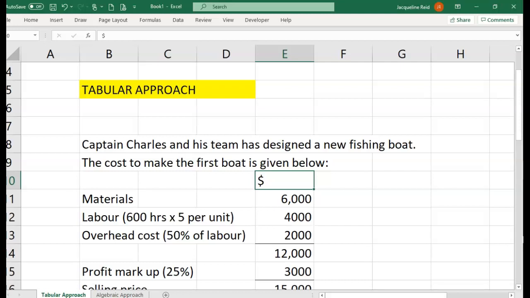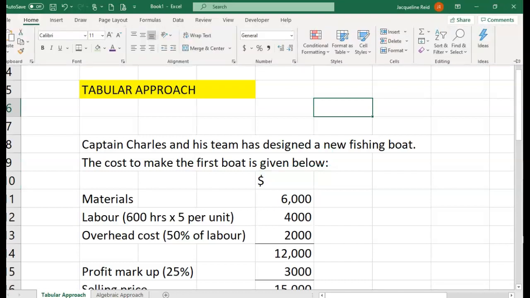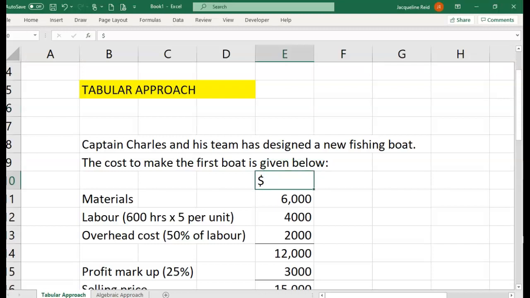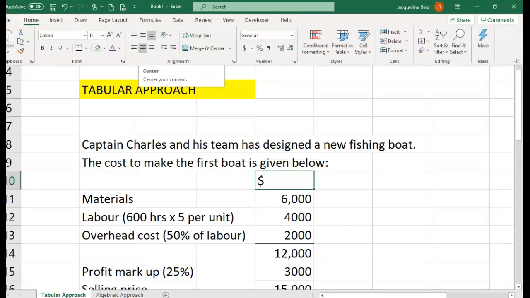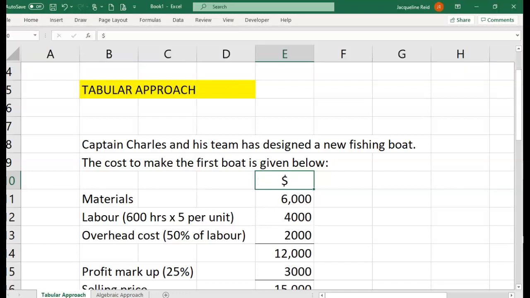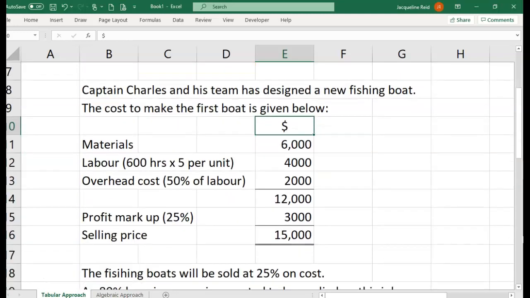So if they are thinking of making more than one boat, let's say they're making two boats, then the cost of the raw material will be 6,000 times 2, and that will give you $12,000. So this raw material cost is variable, as you well know, depending on how many boats are being made. But this is the costing sheet for just the first boat.